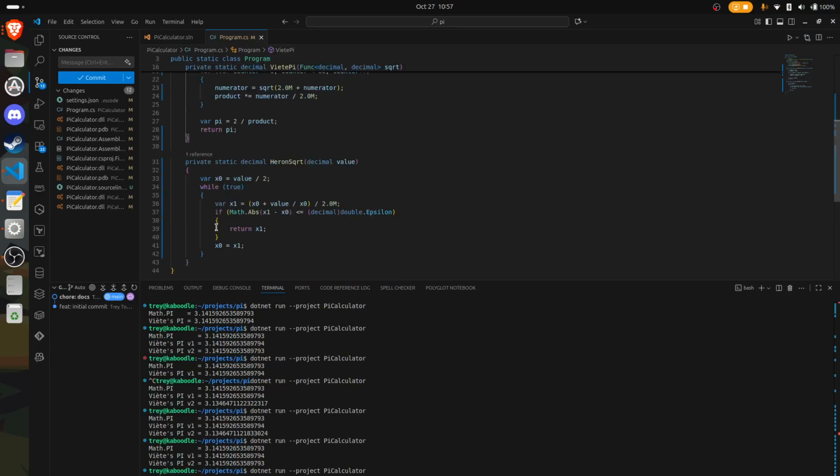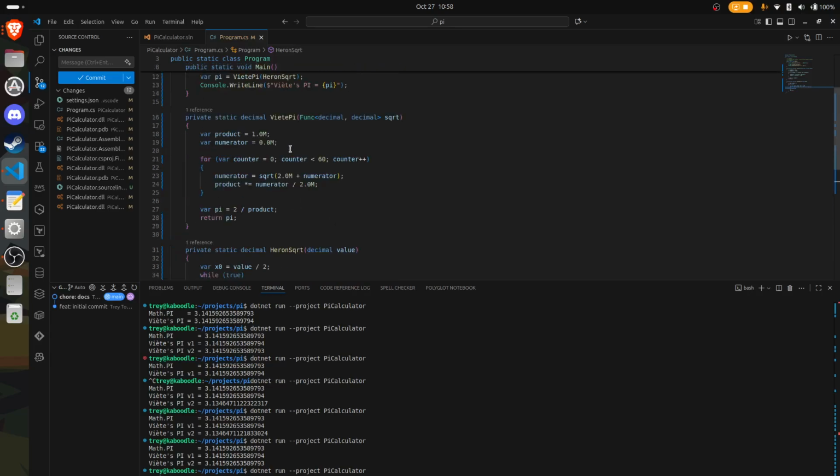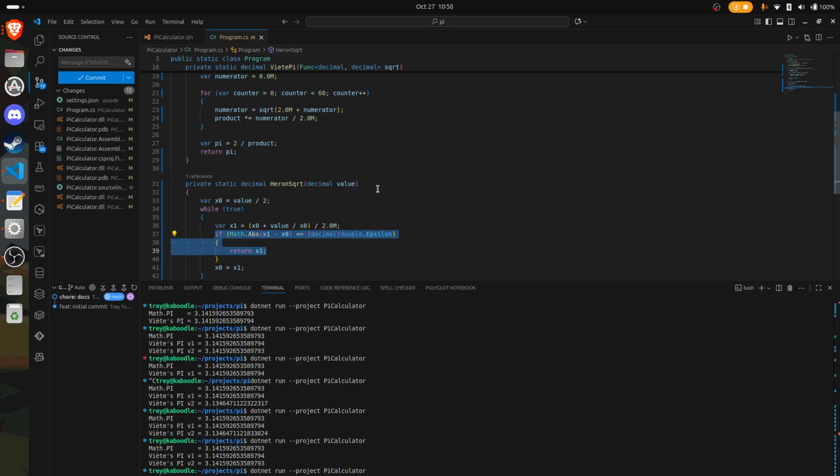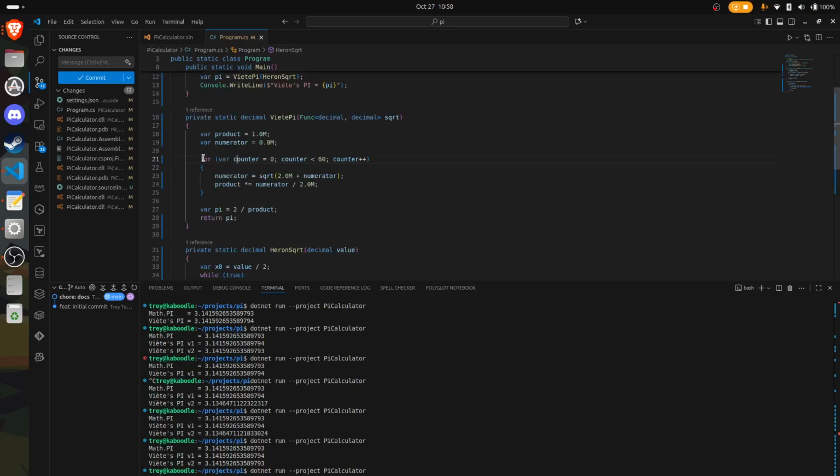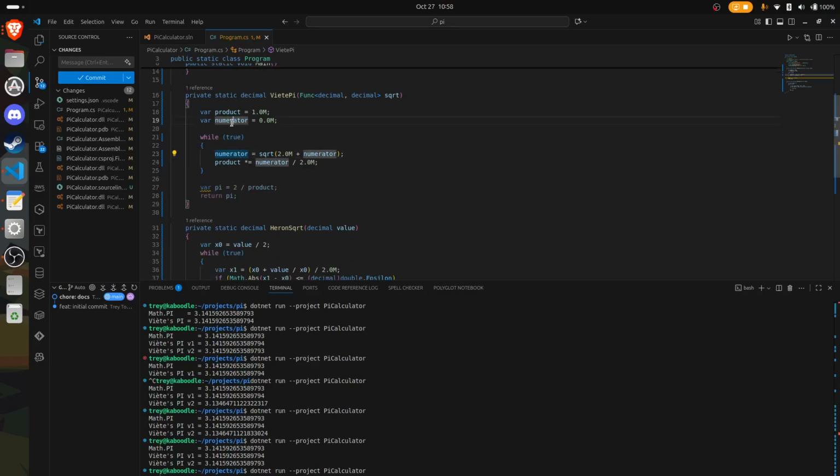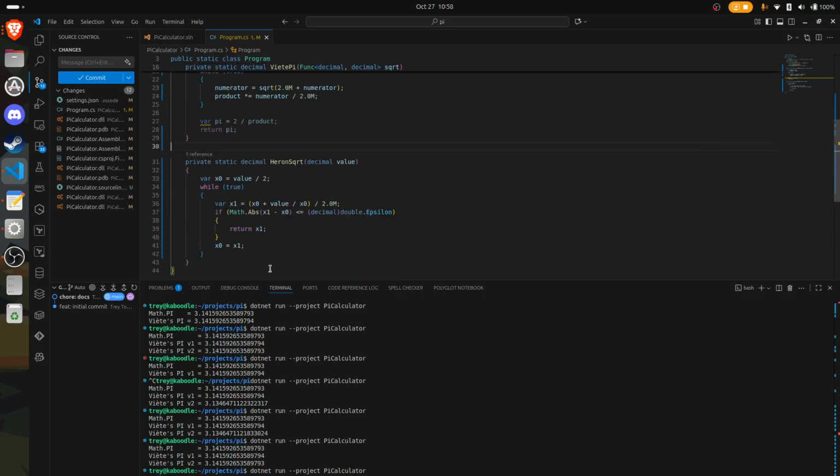Okay, we're going to do something similar to what we're doing down here. Test the difference between the new value and the old value. And when it converges as far as it can, then we stop. Product is the part that we really care about.